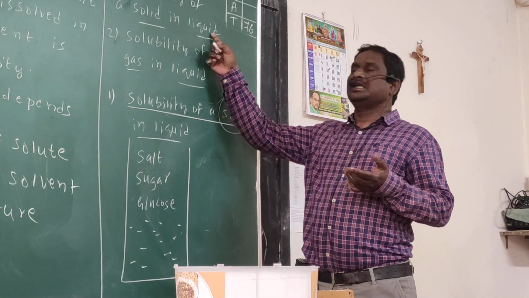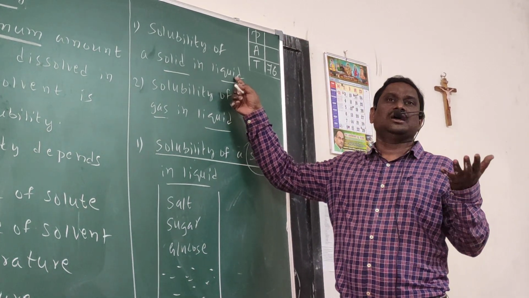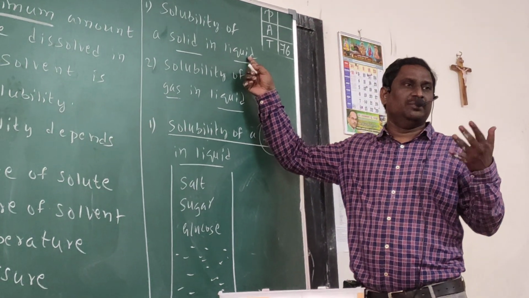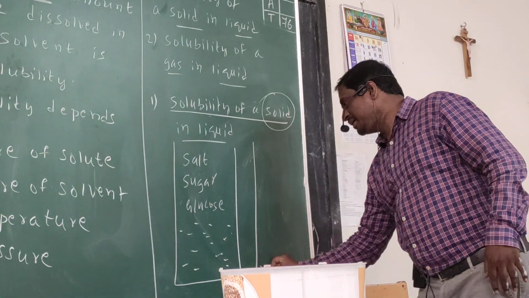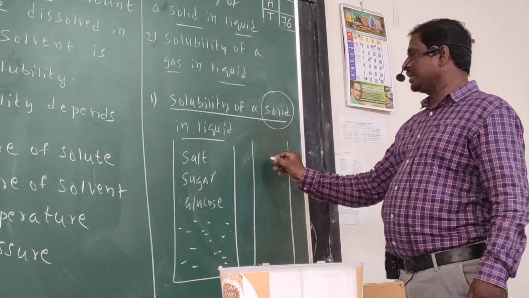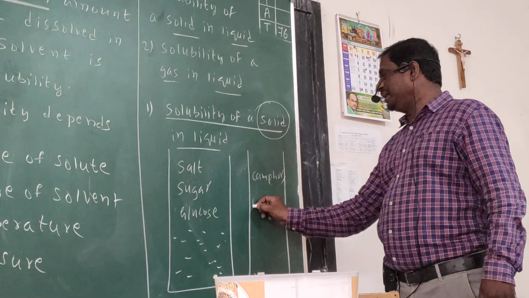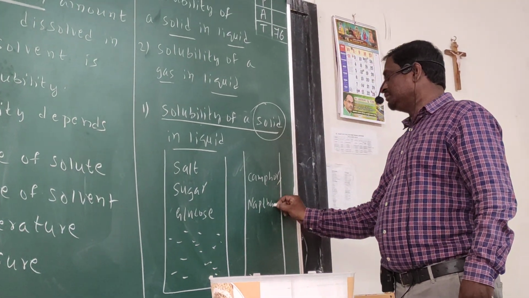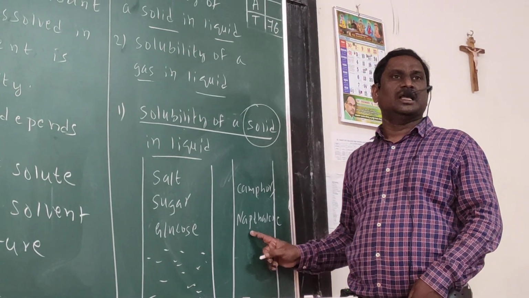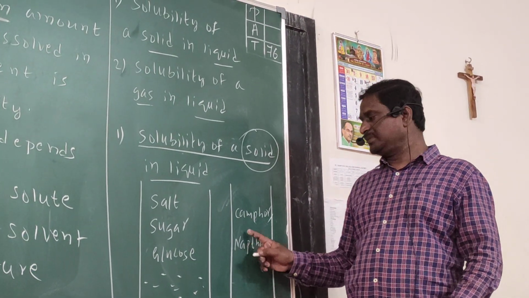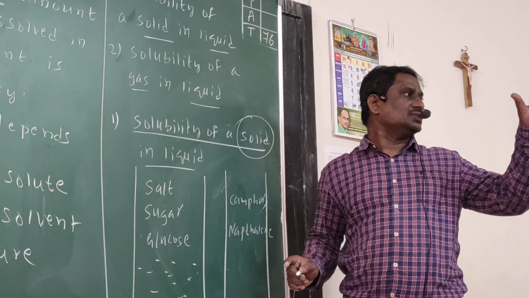Other than water, there are also liquids: alcohol, kerosene, turpentine, benzene. Now if I take camphor, or naphthalene, which has benzene rings, they will not dissolve in water.